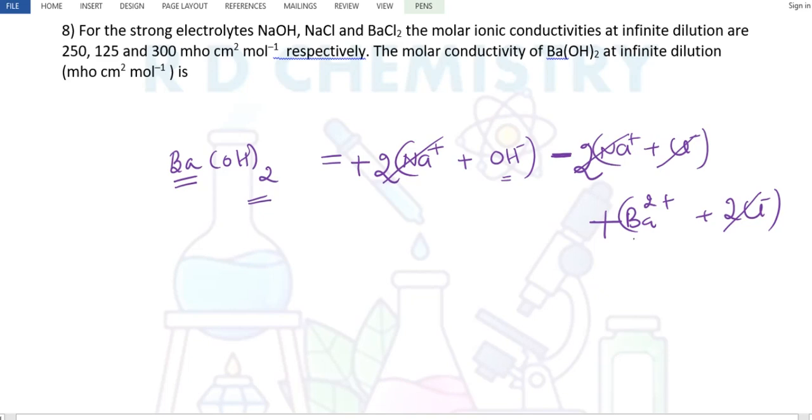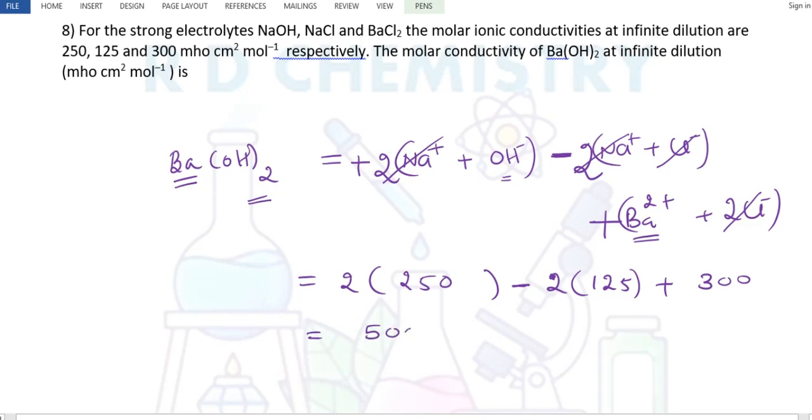So we're left with barium 2 plus and 2 hydroxide altogether. That means 2 into sodium hydroxide value, 250, minus 2 into sodium chloride value, 125, plus barium chloride value, 300. When you calculate all this, we'll get 500 here.